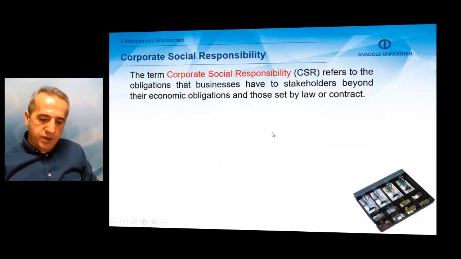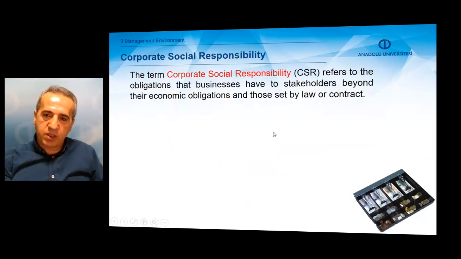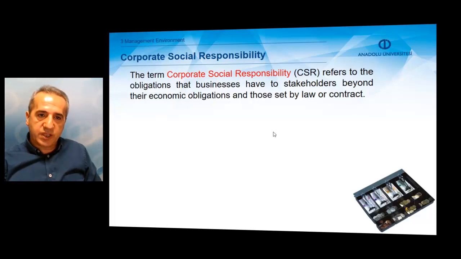The last topic within our presentation is corporate social responsibility, which is also one of the very hot topics in today's environment. The term corporate social responsibility refers to the obligations that businesses have to stakeholders beyond their economic obligations and those set by law or contract.